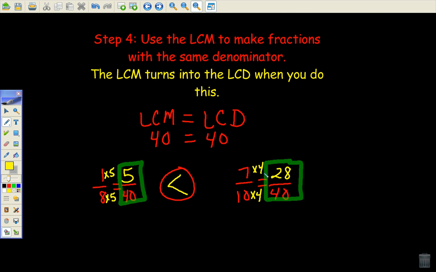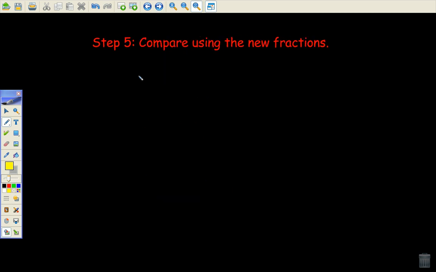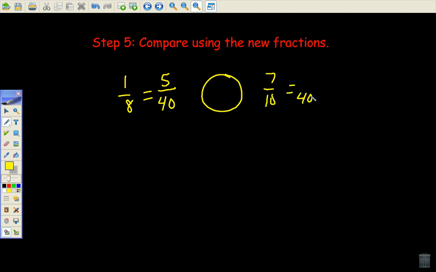So I have to go through the process of LCD in order to get it to where it's simpler. And so step 5 was to compare using the new fractions, and that's what we just did in that last step. So when we took that 1/8 and turned it into the 40ths, and we got 5/40ths, and we compared it to the 7/10ths, which was 28/40ths, we knew that 5/40ths was less than 28/40ths.